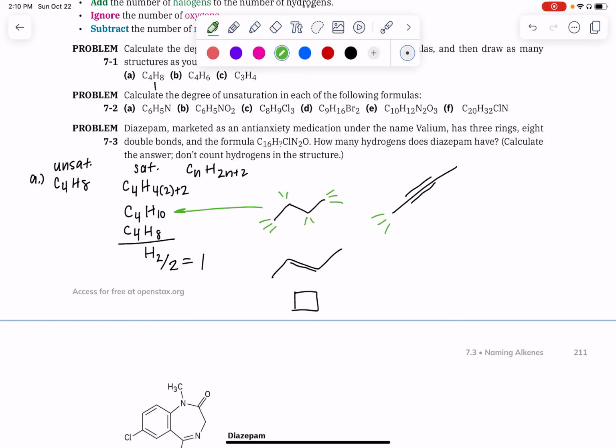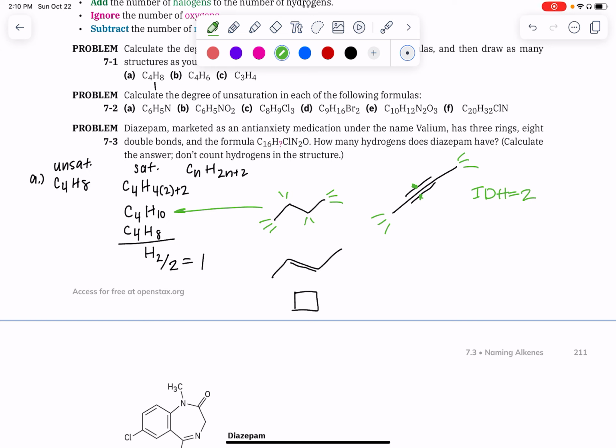This one is 1, 2, 3, it's got 6. This is 1, 2, 3, 4. So that doesn't have any hydrogens, and neither does the other one. So this isn't a valid structure, but just to show that we can count these 2 bonds for our IHD. This wouldn't make any sense anyway, though, because IHD here would equal 2.